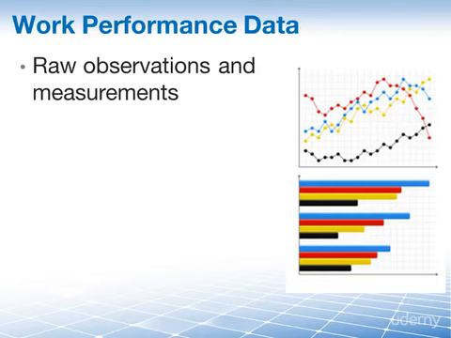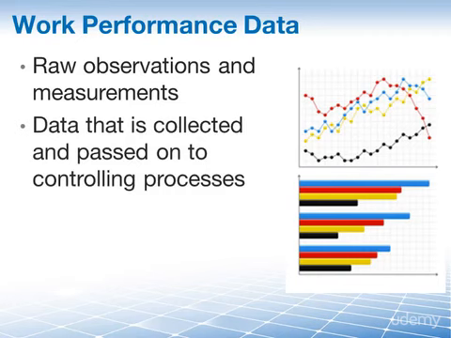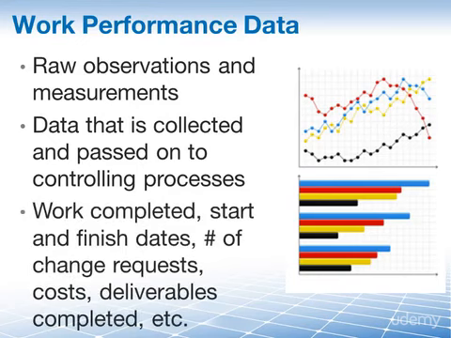This data is collected to be analyzed and passed on to controlling processes such as control scope. And examples here include work completed, start and finish date, number of change requests, cost, deliverables that have been completed, number of defects, and so on.